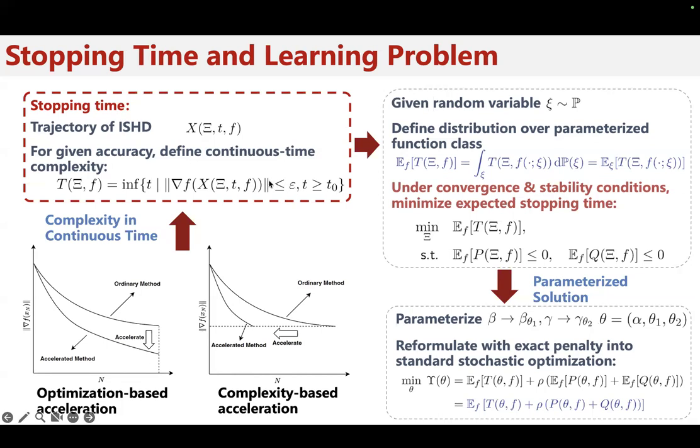And for the discrete algorithm, it is simply the number of iterations, right? So I just summarize: for a given data set, we minimize the expression of the stopping time under the convergence and the stability conditions.